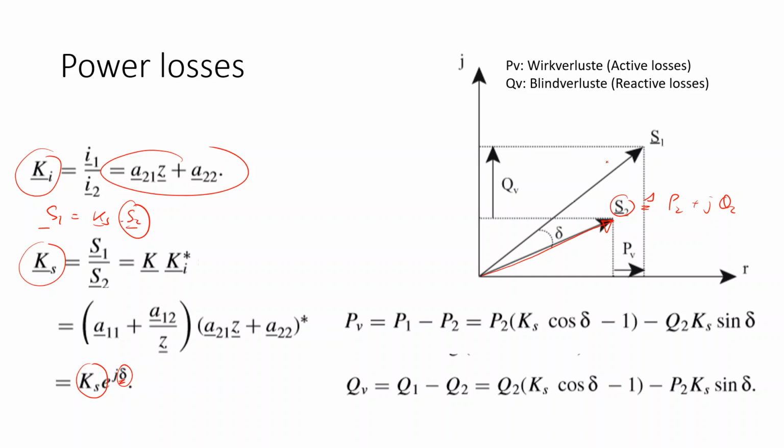If you project this S1 on the real axis or the horizontal axis, this is P1. You know that the projection of S on the horizontal axis is the active power, and the projection of S1 on this axis is Q1. So this one is P1 and this one is Q1.